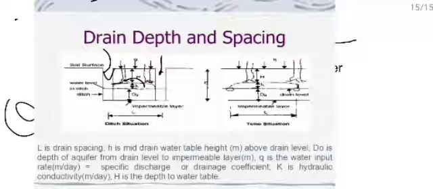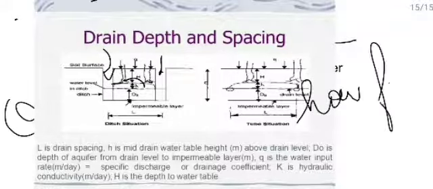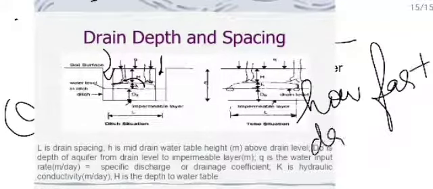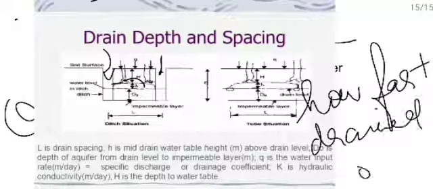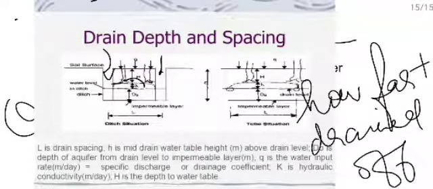That depends on how fast the draining takes place. If an impermeable layer is nearby, more amount of Q can be supplied. That is why d naught is the depth from drain to impermeable layer.